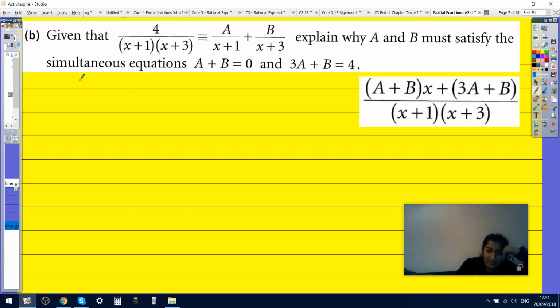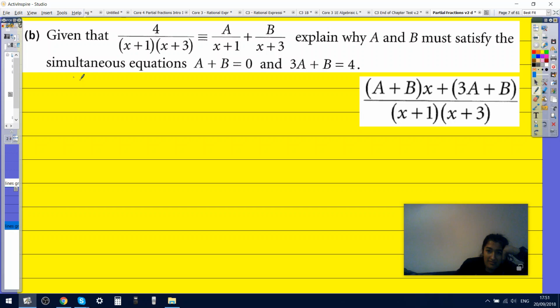And if x equals minus 1, 4 is equal to minus 1 plus 3 is 2A. So then A equals 2.